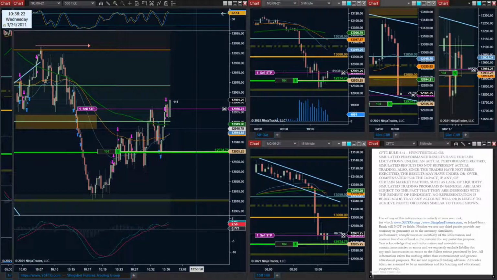All right, stop locking in more. I can't believe they put in a doji. All right. Not quite at the wedge top yet.